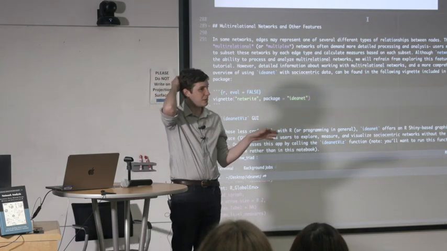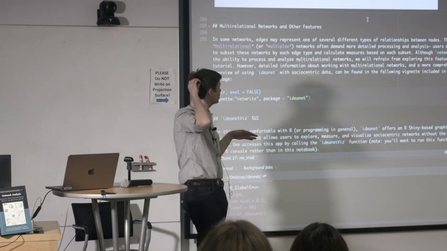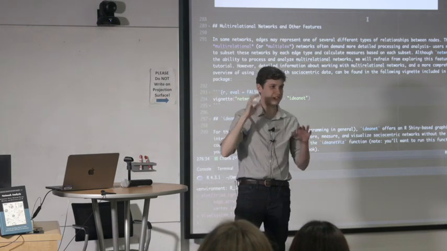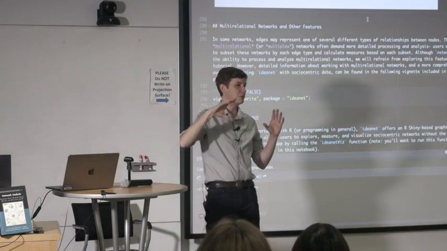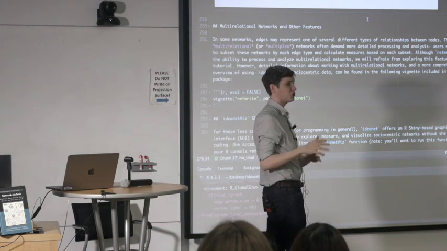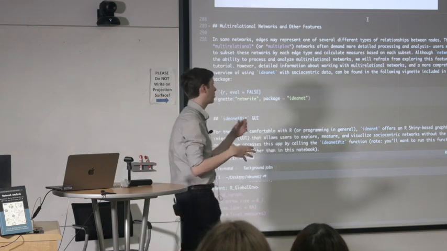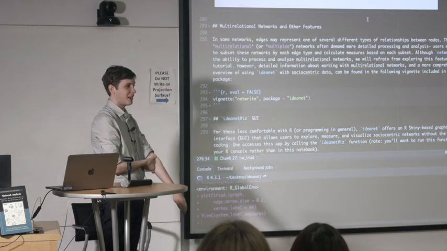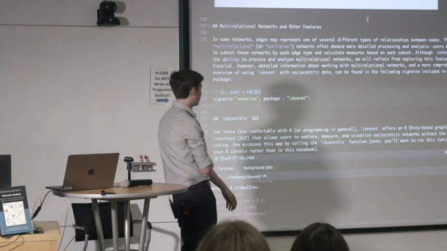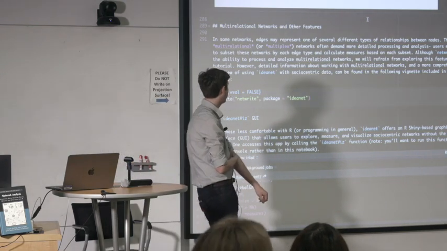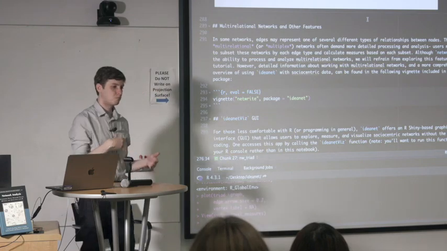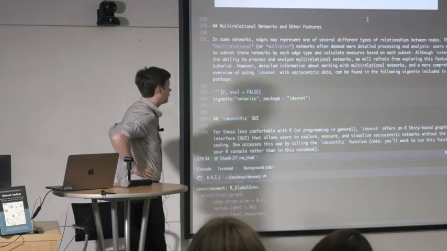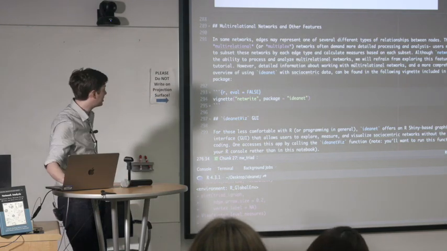So let's say you have family and friendship relations, and you're interested in the betweenness centrality in just the friendship network. It's going to give you betweenness centrality for friendship, for family, and for the whole network. That gives you a lot of power and a lot of different variables that you could possibly use in modeling. I didn't want to inundate you with too much, so I didn't include examples for that.